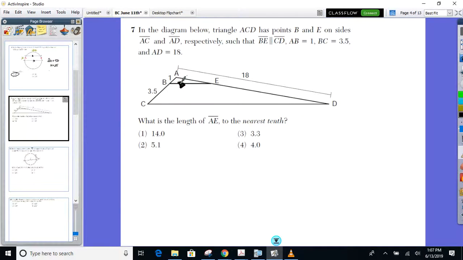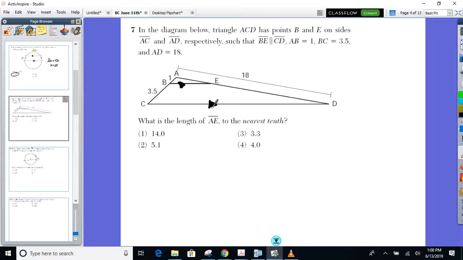It's telling me BE and CD are parallel. If I see that, anybody know what automatically happens in this diagram, even though it will never come out and say it? The triangles are similar, and I want to go over why.